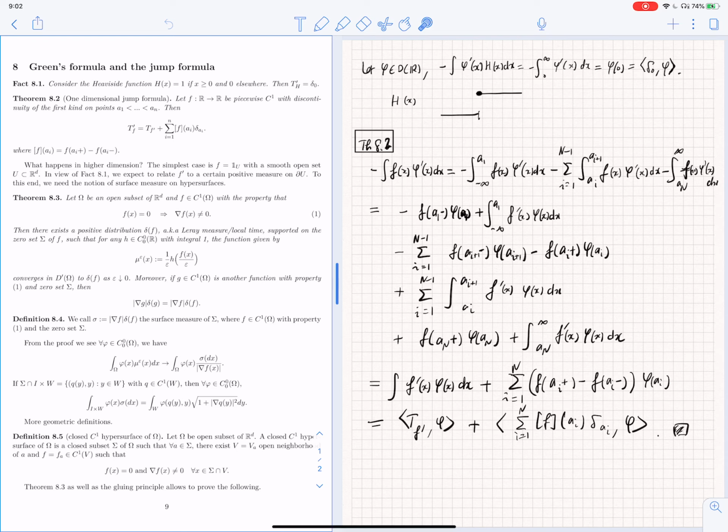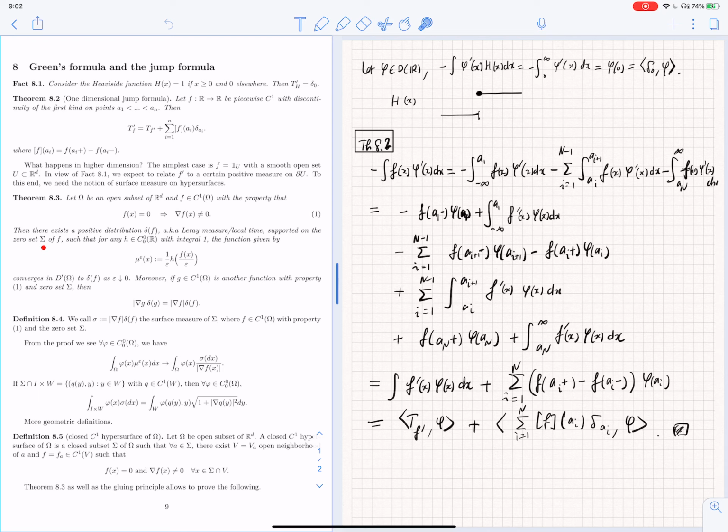So if this is the case, then we can find a positive distribution that we call delta f. Sometimes it is called the Leray measure in the PDE literature, and in the probabilistic literature, the measure supported on the zero set of stochastic processes is called the local time. So this kind of thing is supported on the zero set of f.